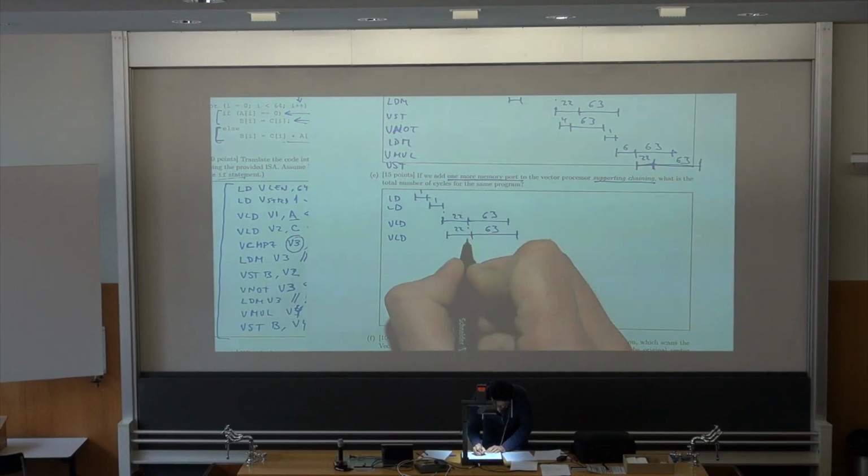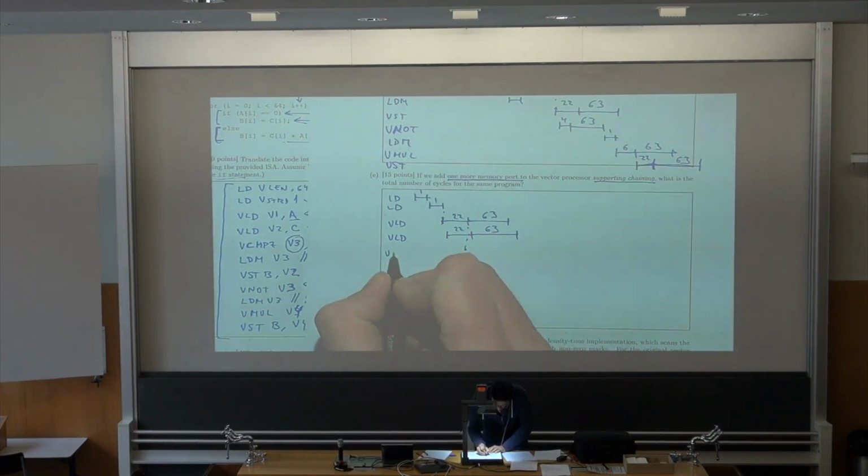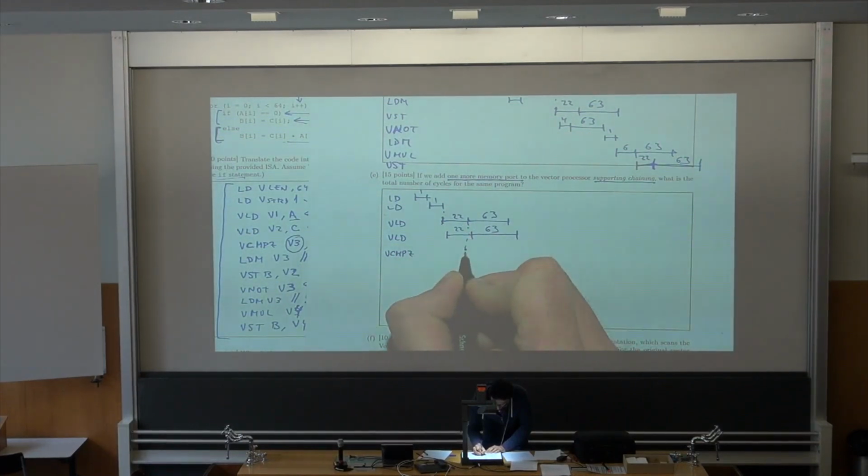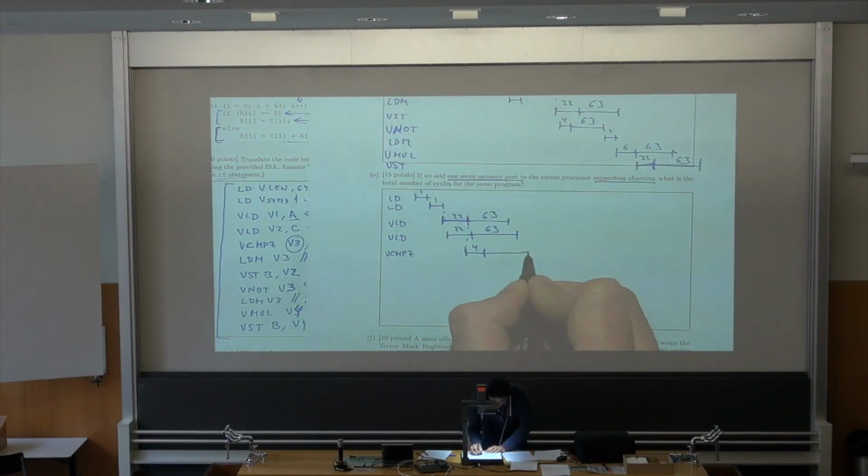And because we have chaining, we can start the execution of this compare to 0 right after we get the first element of array A. So this would take 4 plus 63, and then 1 more cycle for the LDM instruction.